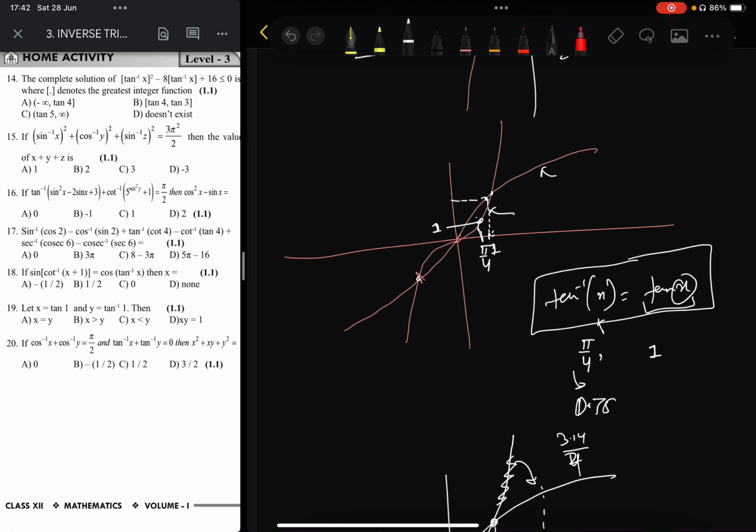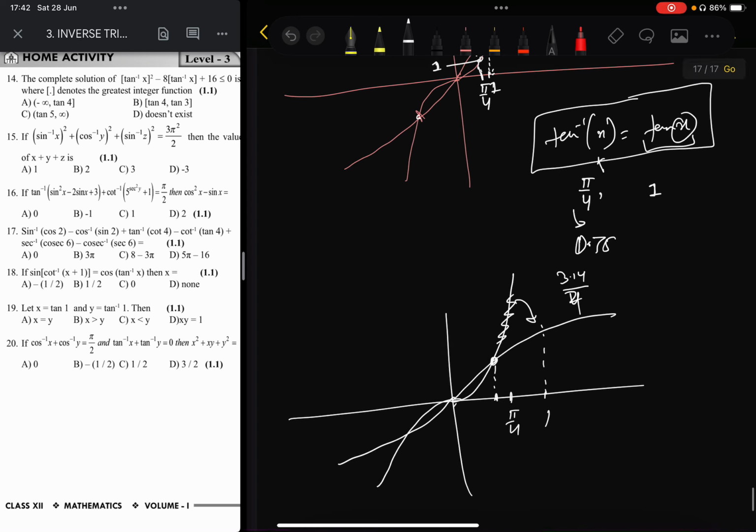Okay, we will get some irrational value of this x, right? But here pi by 4, if you talk about this graph, inverse function, so tan inverse 1 is equal to pi by 4 here, right? And tan pi by 4 is equal to 1 here.